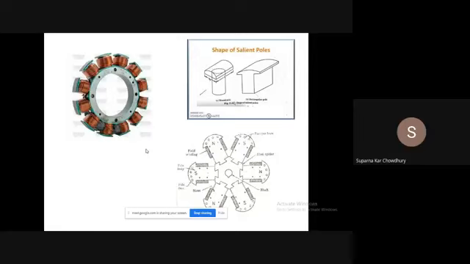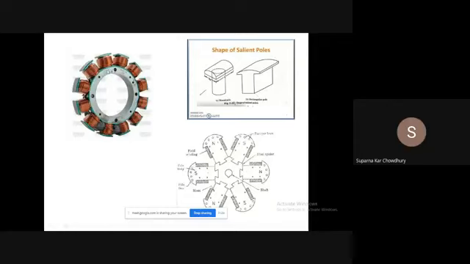And as we have to provide a large number of projected poles, it is obvious that the diameter should be large. Otherwise, we would not have this large circumference to attach the poles, so it will have large D. So automatically, the length will be small.